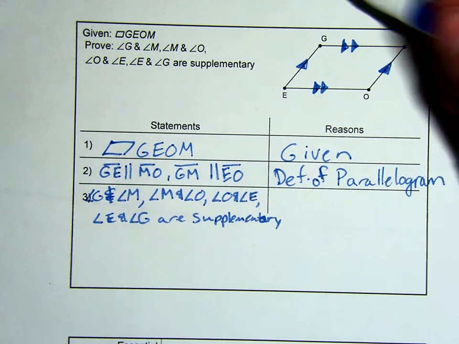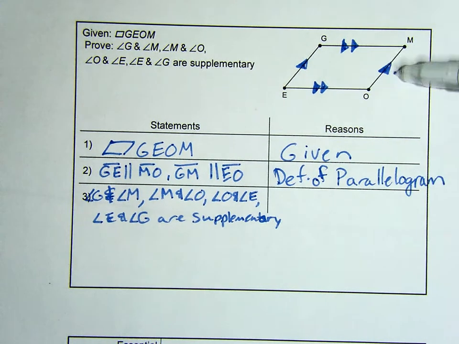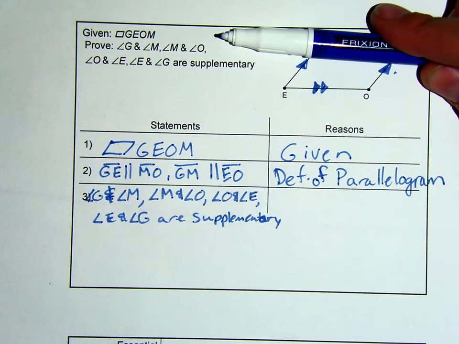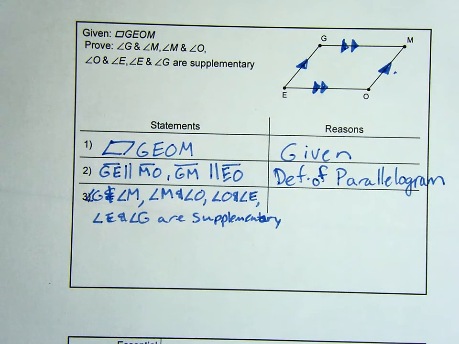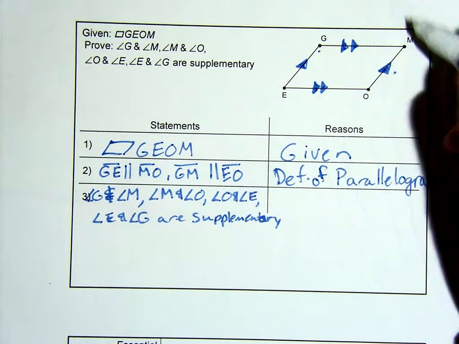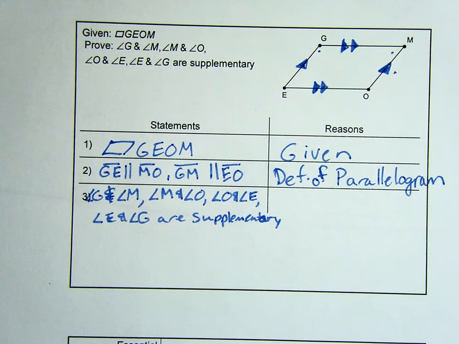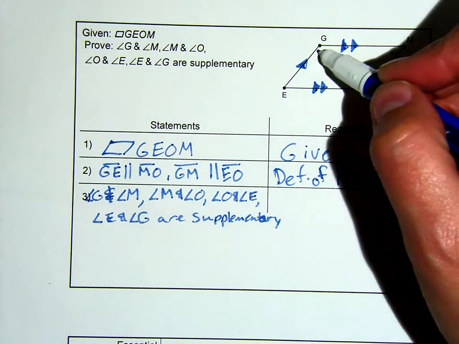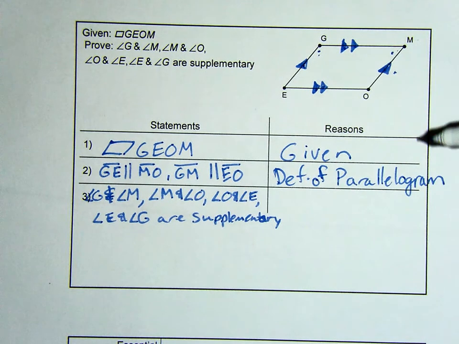Now, if I knew I had parallel lines, GM would act as a transversal. So now I am looking at angle G and angle M. If I think back to chapter 2, those are consecutive interior angles. When we have parallel lines cut by a transversal, the consecutive interior angles are supplementary.